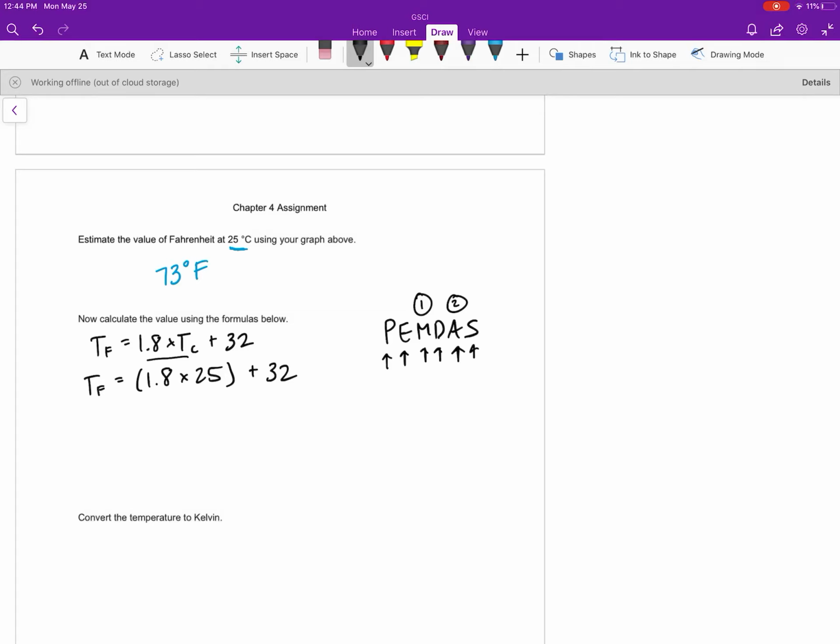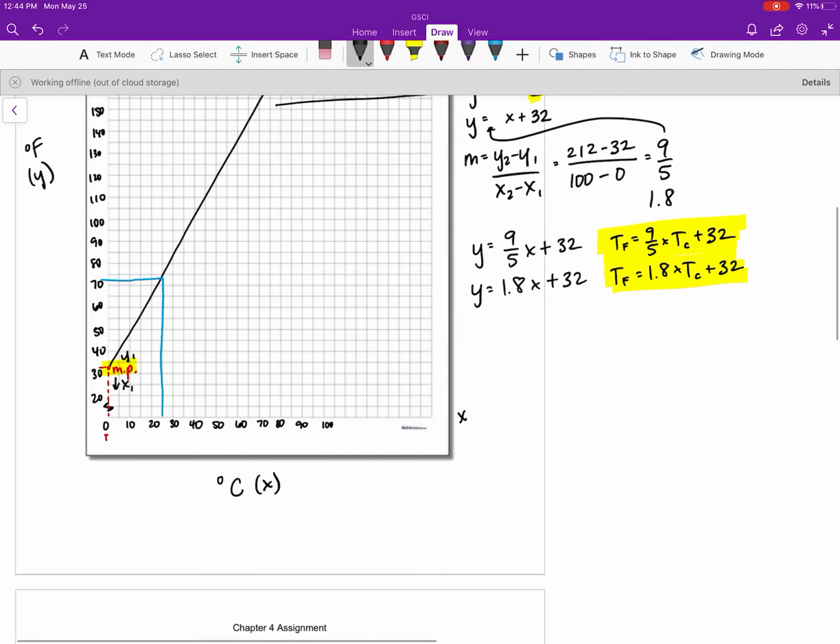So I'm going to take 1.8 times 25, and I'm going to get 45. And then I'm going to add to that 32. So the actual value is 77 degrees Fahrenheit.